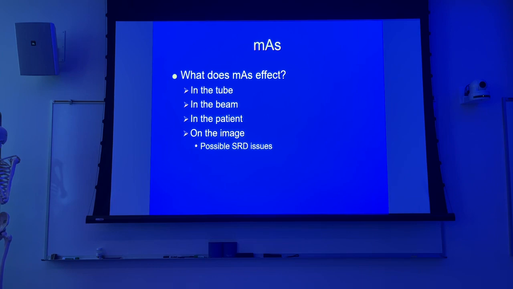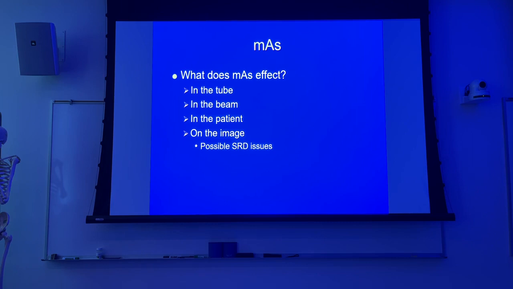On the image, what we get is an increase in exposure, so our index number indicates that we have an increase in exposure. But those sharpness, recorded detail issues that we talked about in class today were the potential for blooming. If we use very high MA stations, we could also lose some sharpness, recorded detail.